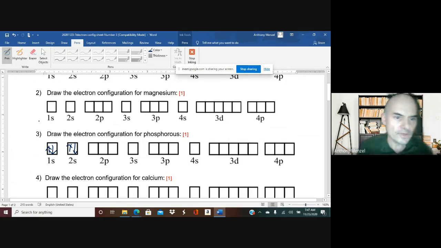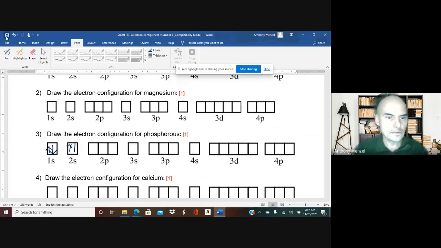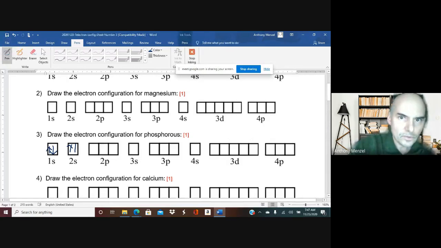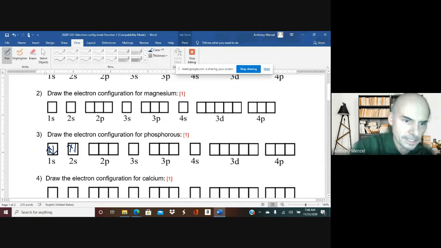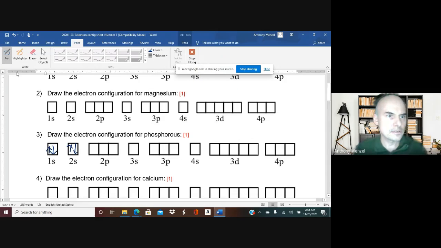The last rule that we learned about was Hund's rule. And the idea of Hund's rule is that the electrons have the same charge, so they have to spread out.